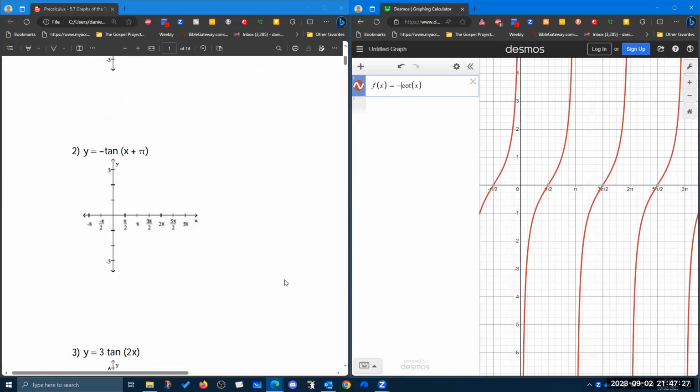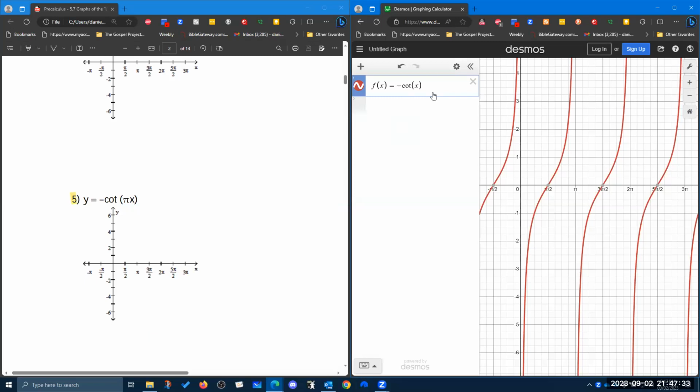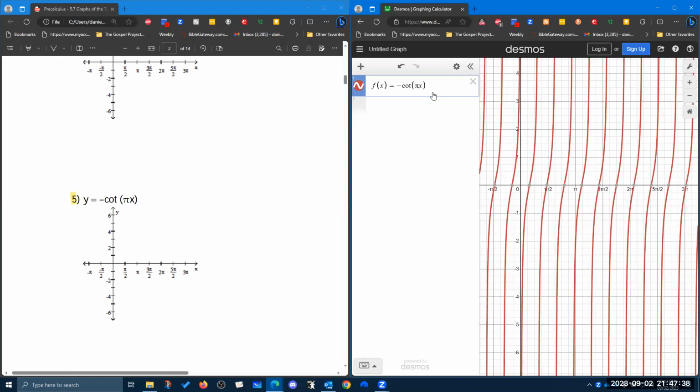Now let's look at negative cotangent of pi x, and we're going to see a horizontal compression here. The x-intercepts, instead of being at odd multiples of pi over 2, are now going to be at 1/2, 3/2, 5/2, odd multiples of 1/2.